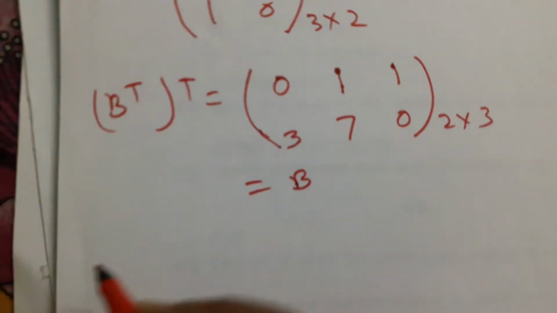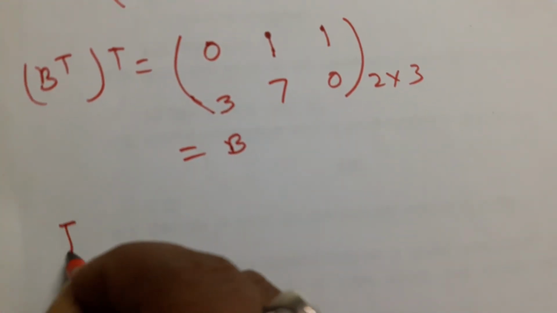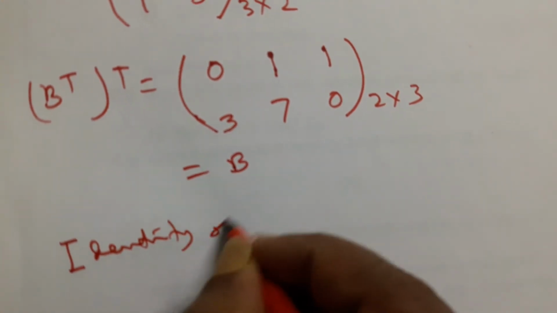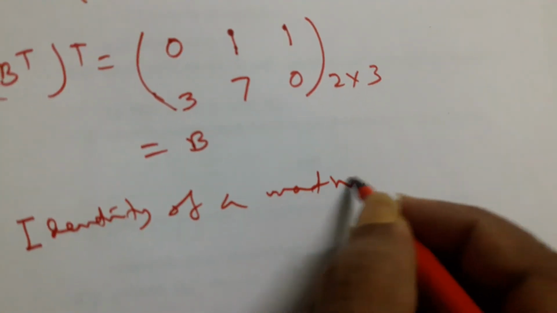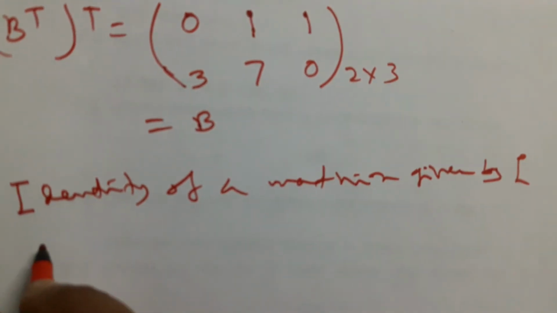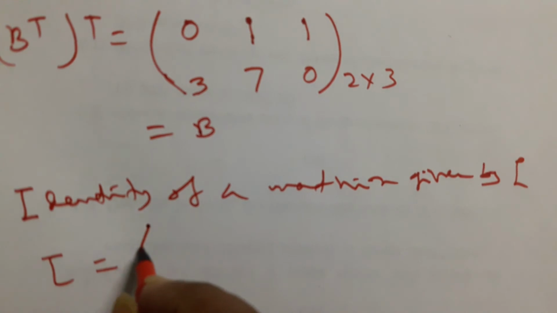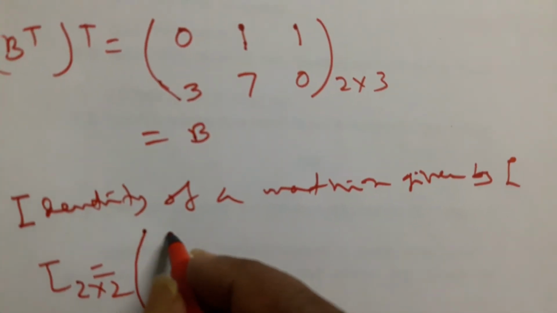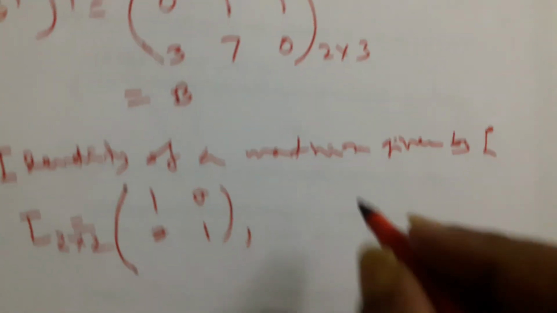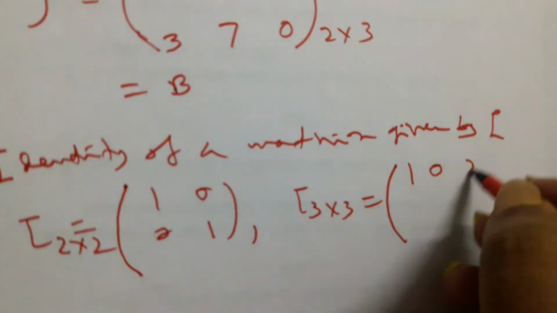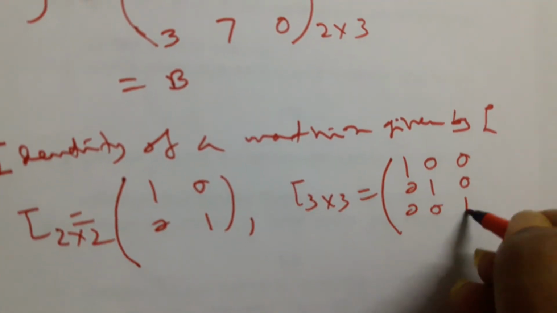And now we consider the identity of a matrix, which is given by I. If we consider a 2 by 2 matrix, this is a square matrix, 1 0 0 1. Similarly for a 3 by 3 order matrix, 1 0 0, 0 1 0, and 0 0 1.